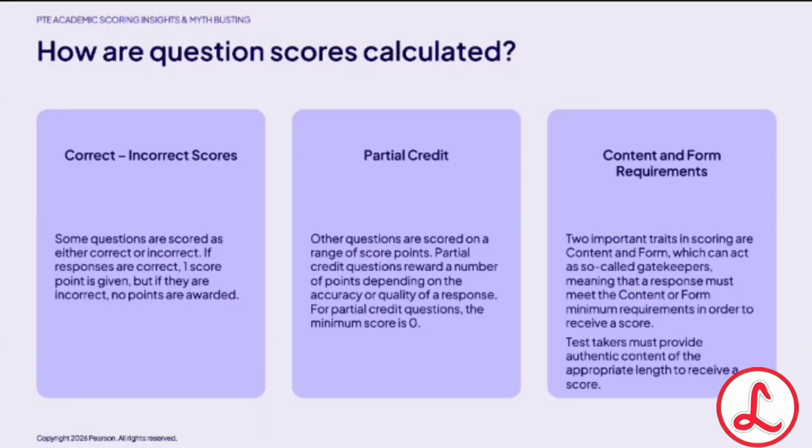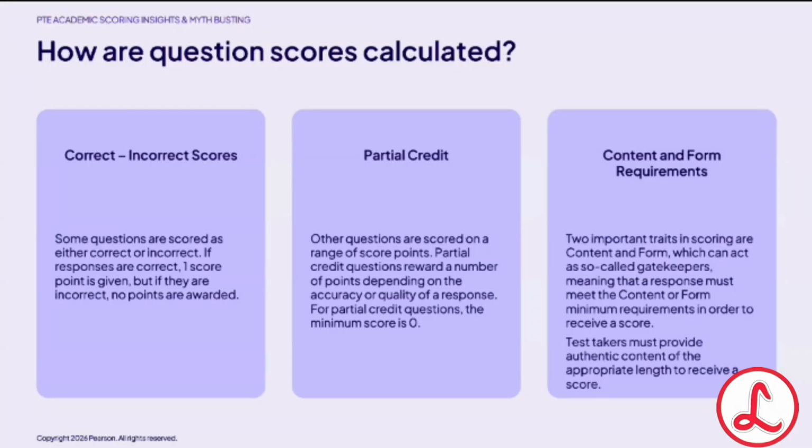We also have partial credit questions, and some of these award scores based on the quality of the response. So it's not really whether you've given an objectively correct or incorrect answer, but it's about the quality of your writing or your fluency or your pronunciation. So these can be scored across a range of score points.